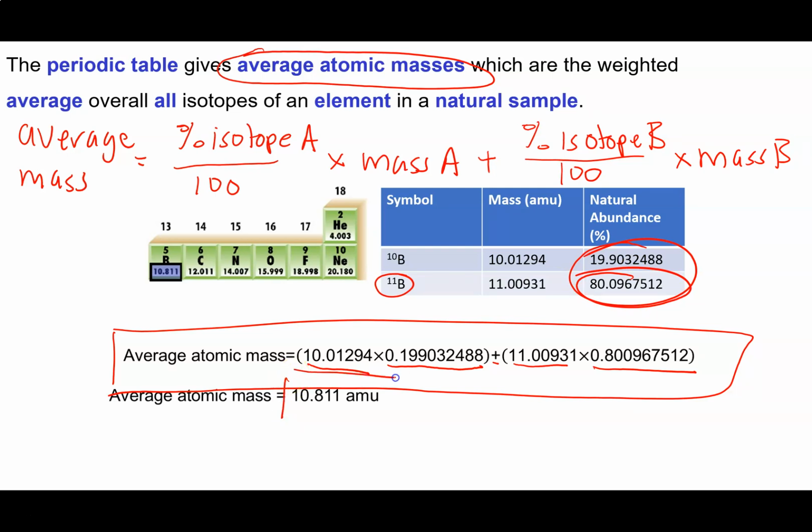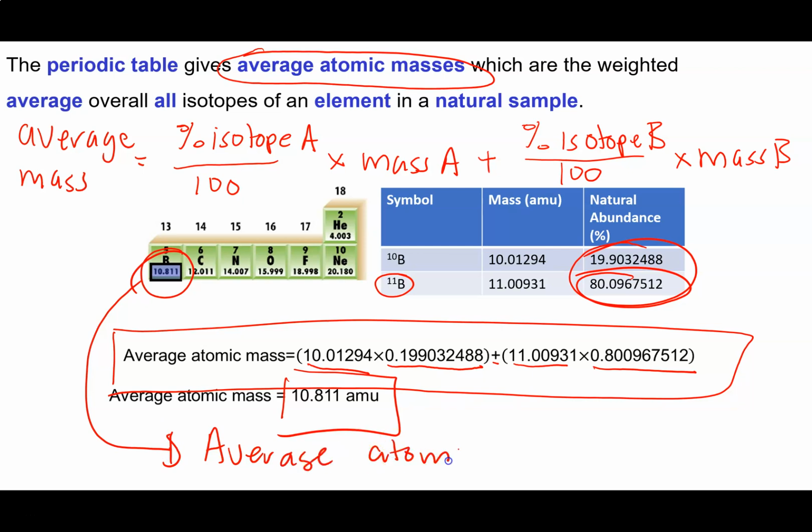And sure enough, it comes out to be 10.811 AMU, which is the number that's reported in the periodic table. So the number reported in the periodic table is the average atomic mass. And it's a weighted average, taking into account that the percent abundances of the different isotopes vary. So it is not a simple average.